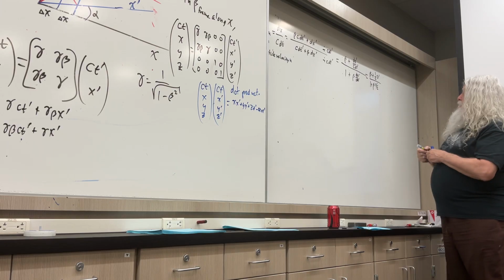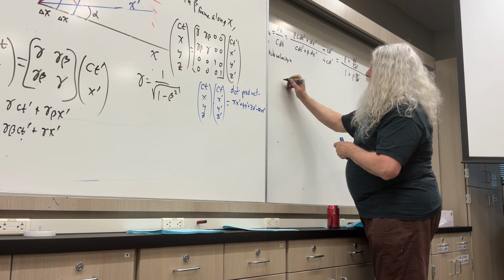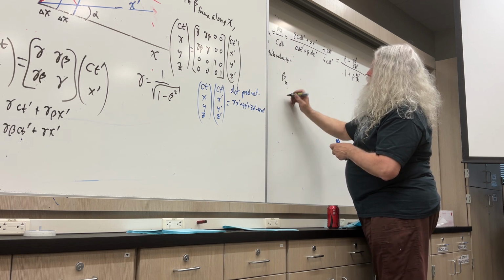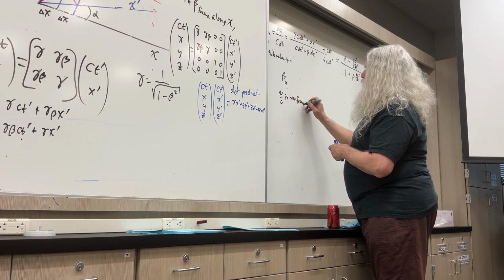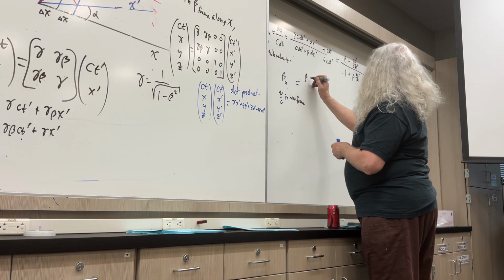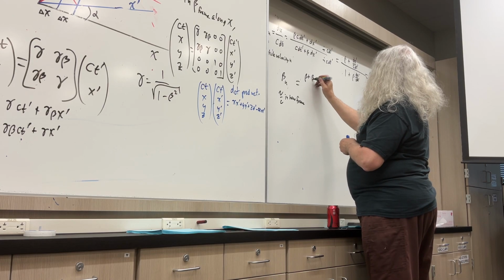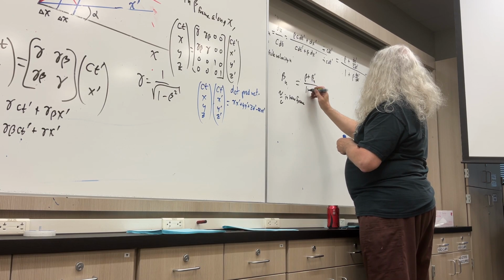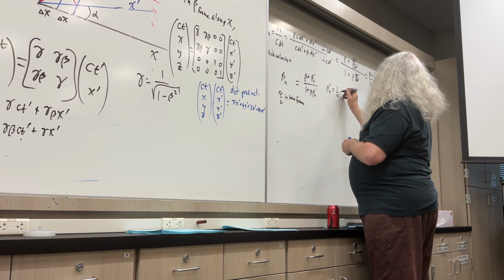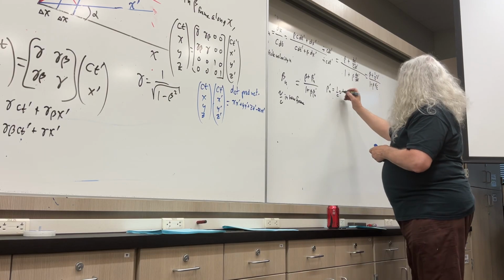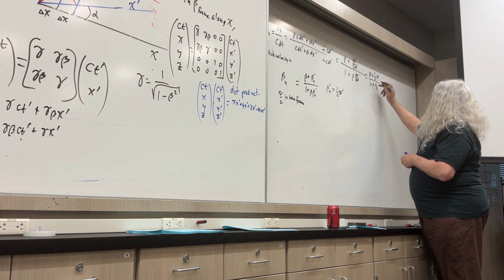So our velocity in the new frame equals this stuff, so that's beta plus, I'm going to use U, and if I'm using U, I have to use it consistently here.